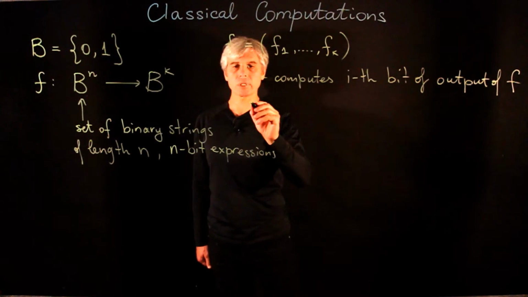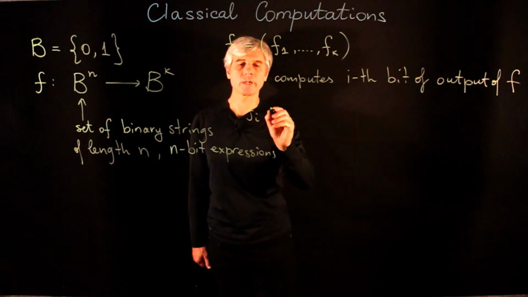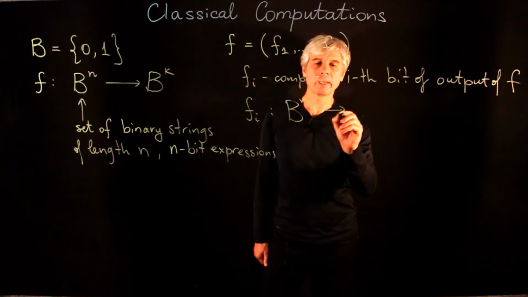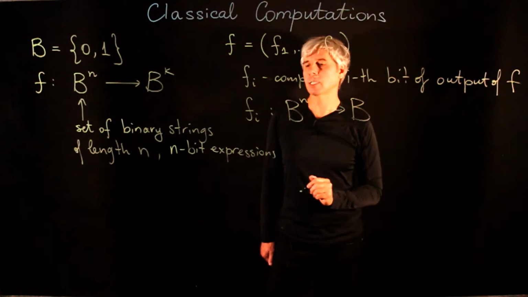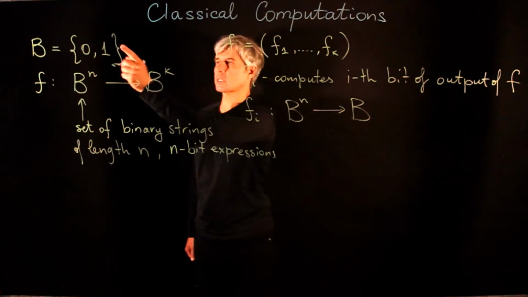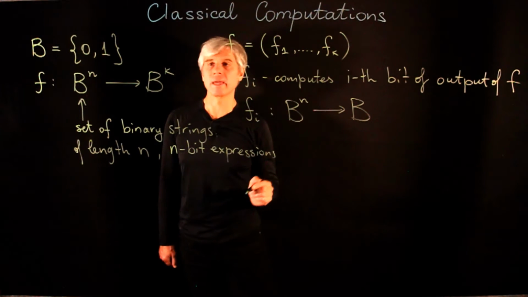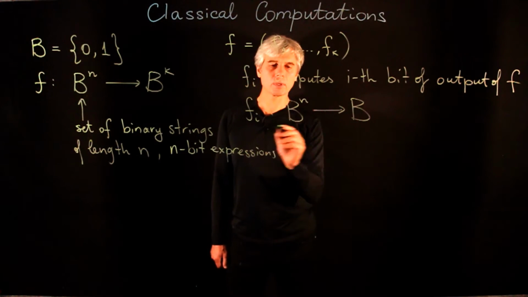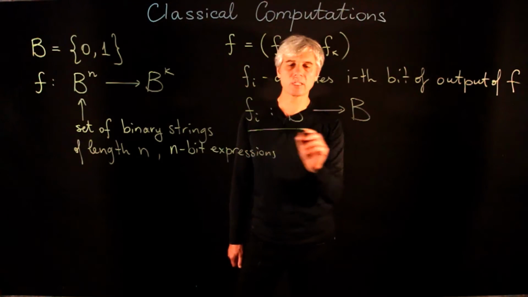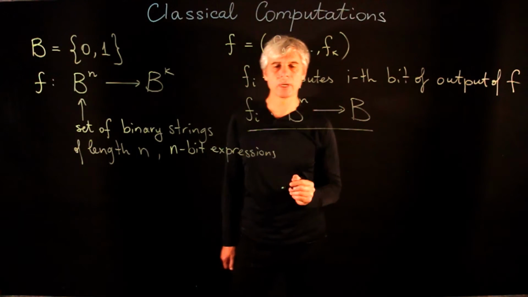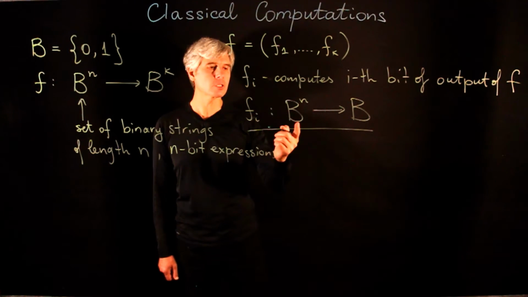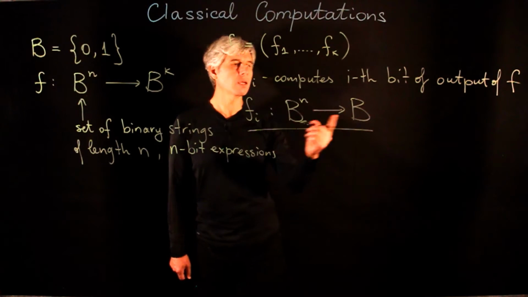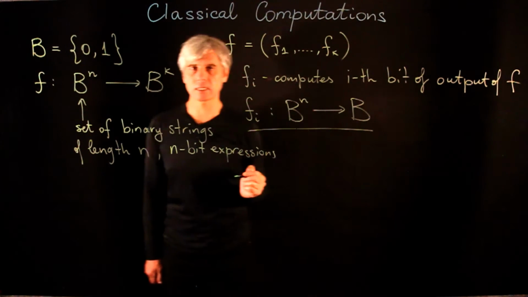And so this means that now each function fi is a function with n-bit input and a single bit output. So the output is 0 or 1. And so now we're going to focus for now our attention on functions of this form. So we'll look at functions with inputs that are binary strings of length n, and output is a single bit.